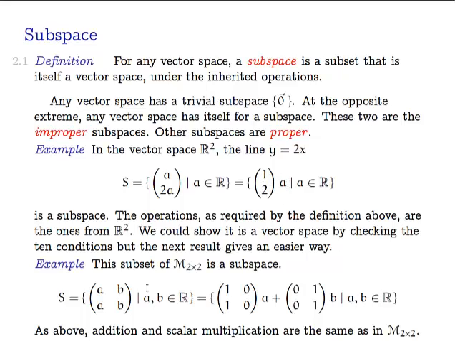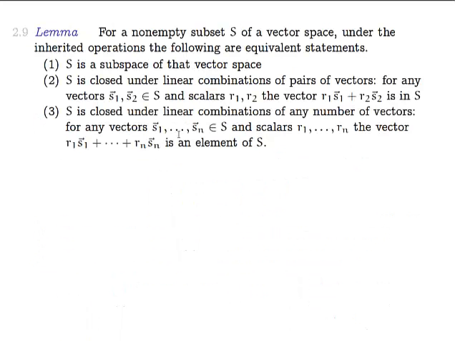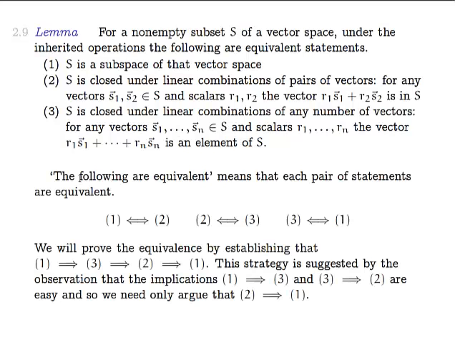In the same way, the set S here was the set of all linear combinations of these two vectors. So you can see the close relationship between subspace and linear combination. This unpacks the equivalence of these three: 1 implies 2, 2 implies 1, and so on. We can prove all three are equivalent if we can show that 1 implies 3, 3 implies 2, and 2 implies 1.